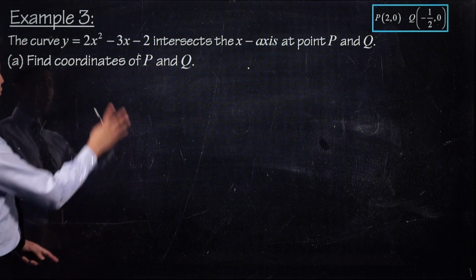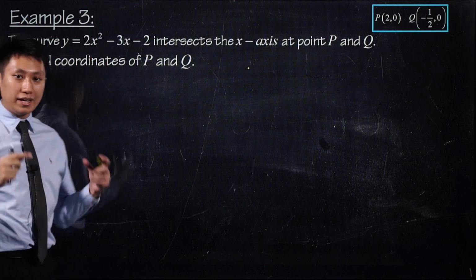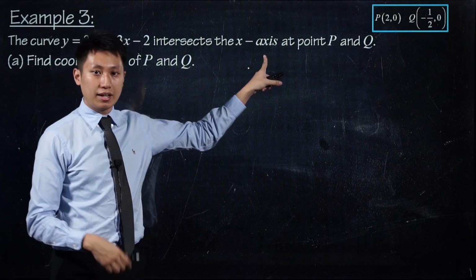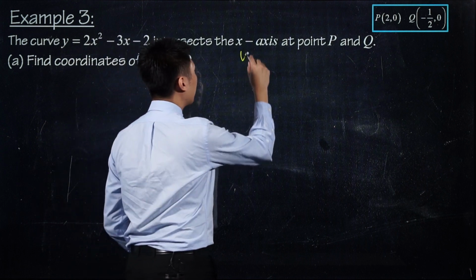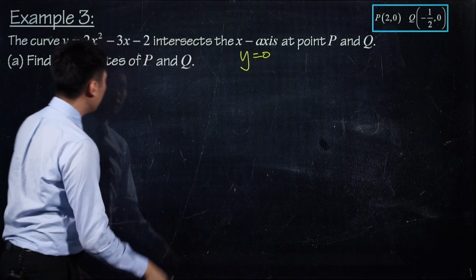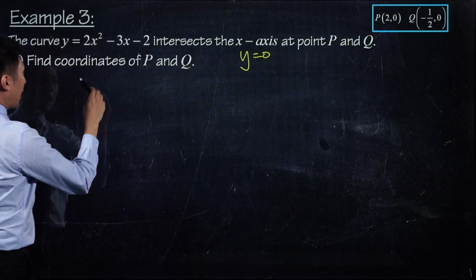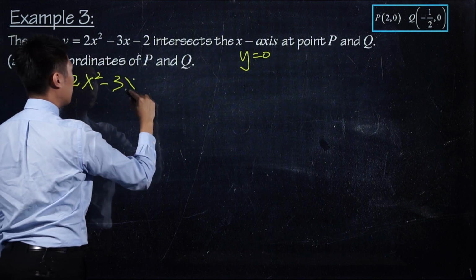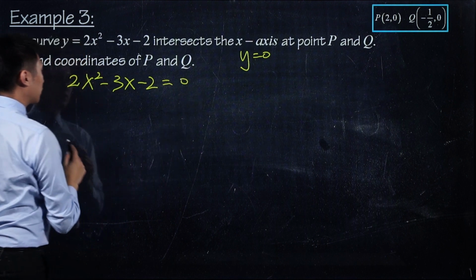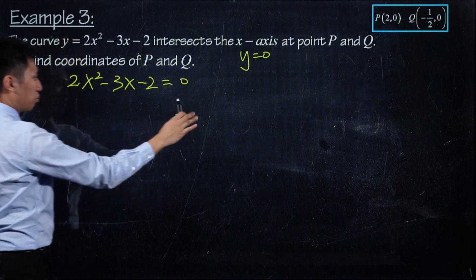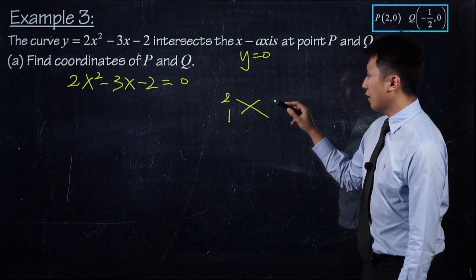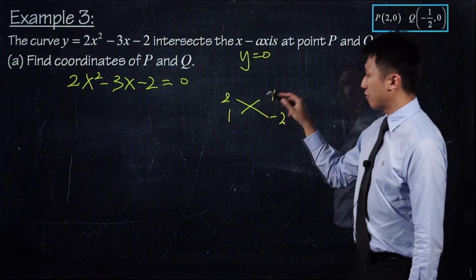First of all, you need to know P and Q are the intersection points between this curve and the x-axis. X-axis, I told you already, is y equals 0. So I'm equating these two, so 2x squared minus 3x minus 2 is equal to 0. You simplify, or you put the cross there and try it out. So it's 2 and 1, and 1 and -2, so -4, -3.